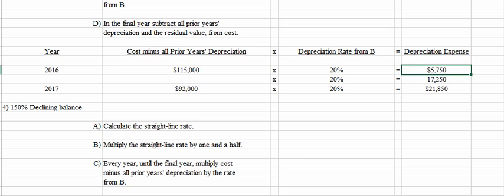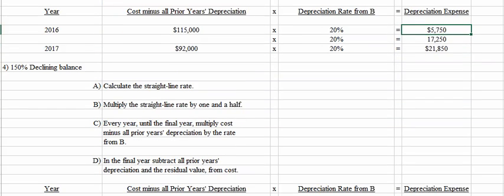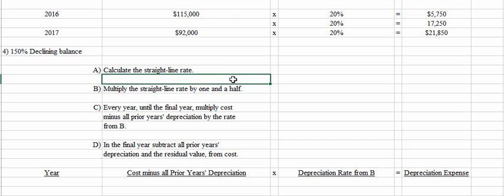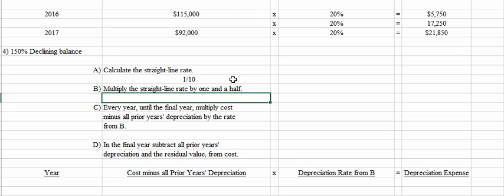150% declining balance. You guys, very similar. The only difference is we multiply our straight line rate times 1.5. Straight line rate is equal to 1 over 10. Now we want to multiply that by 1.5, so we get 15%.